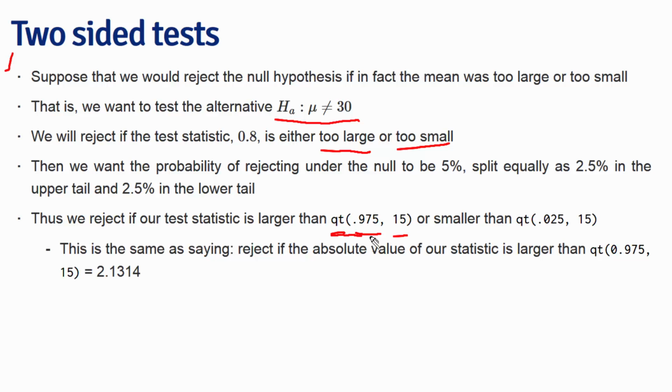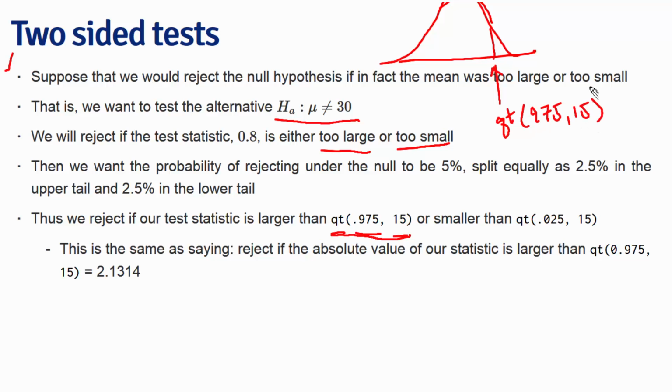And so we want to reject if our test statistic is larger than this, right? So let me draw an example of our t-distribution. This will be the point qt 0.975 with 15 degrees of freedom. There would be 2.5% in that tail. And this is the point qt 0.025 with 15 degrees of freedom. And that's 2.5% in that tail.